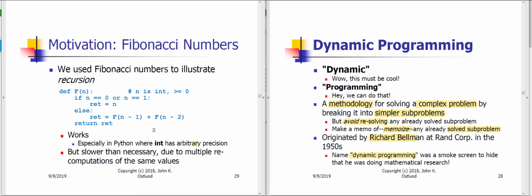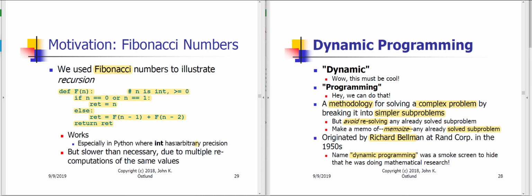Okay, so to motivate the notion of dynamic programming and the idea of memoizing, let's take a look at our Fibonacci number computation that we talked about earlier. This version of the Fibonacci sequence function is the same as the recursive version that we saw before, with one minor change, which is that instead of having two return statements in it, we're storing values in a variable called ret, and when we're done, we're returning the value of that ret variable.